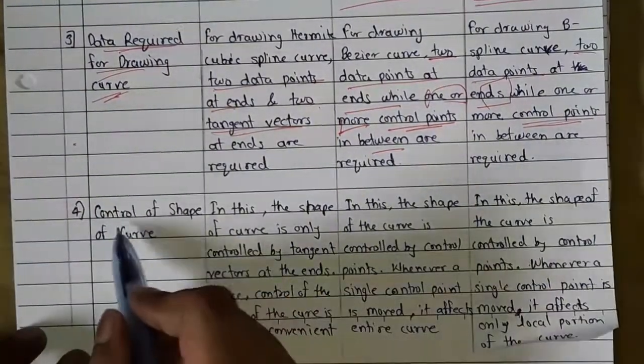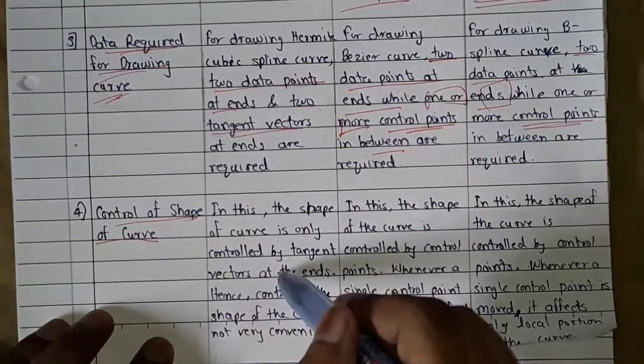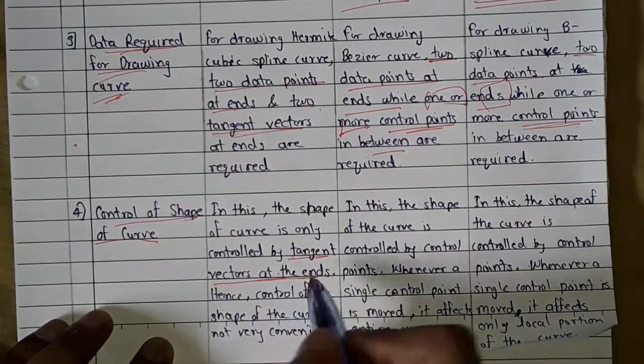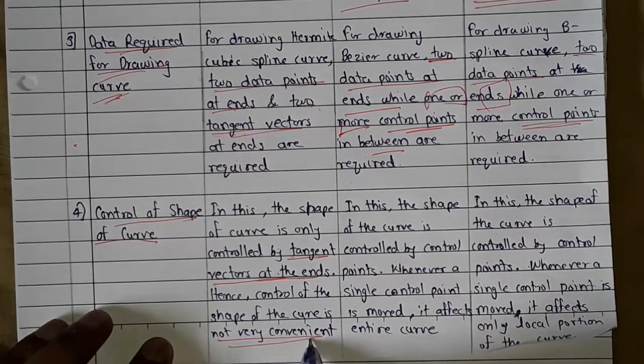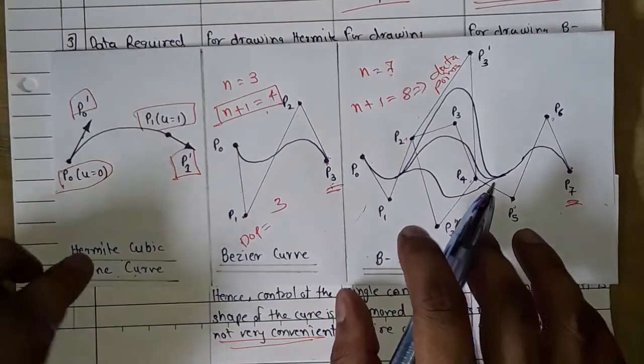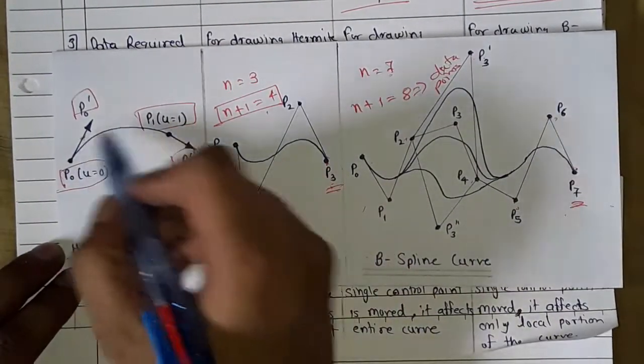Now, control of shape of the curve. In Hermite cubic spline curve we control the curve by tangent vectors at the ends, and this is not a convenient method. As we can see in the diagram, we can control the shape by these 2 tangents only.